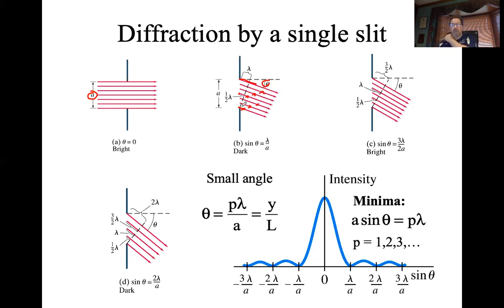So it seems like you can divide the opening, the aperture, into two segments, a top and a bottom, and every ray in the bottom interferes destructively with a ray at the top. And so I'd expect, if I allowed that angle to shine on a screen, I'd get a dark spot. There's a bright spot right at the center, and I'm getting a dark spot right here. That corresponds on my diagram to one of these two. It's the first dark spot on either side of the central bright spot.